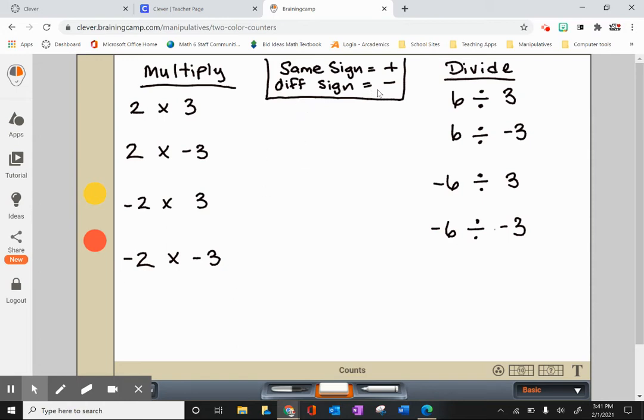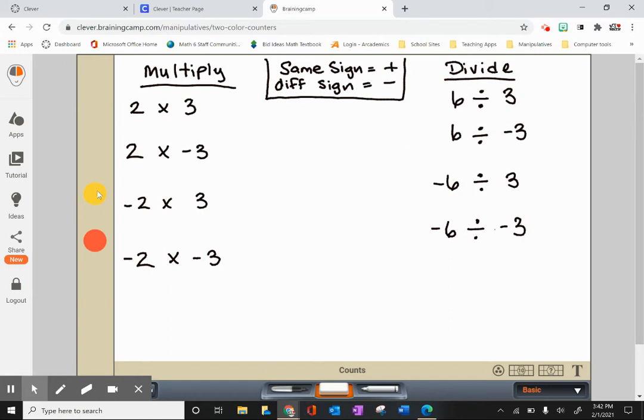When the signs are different, one of the numbers is negative, your answer turns out to be negative. And that goes the same with division. When both are positive, your answer is positive. When both are negative, your answer is positive. But when one's positive and one's negative, your final quotient or your answer there will be negative.